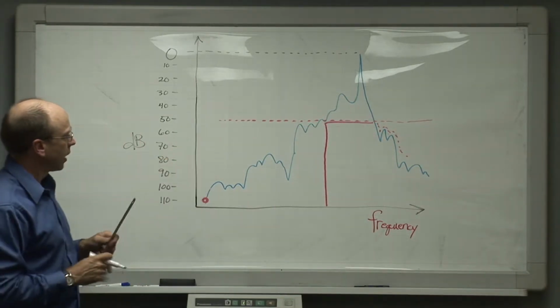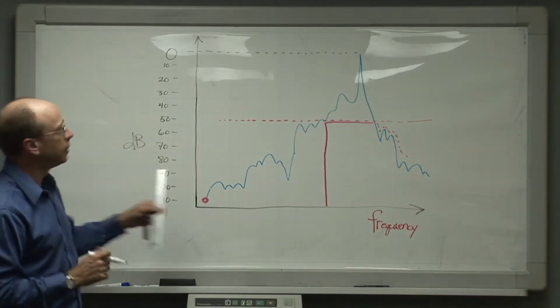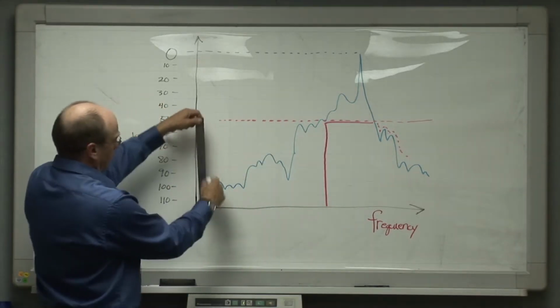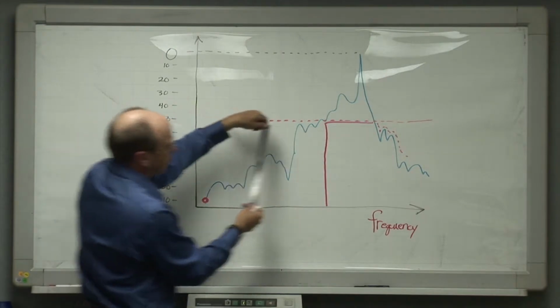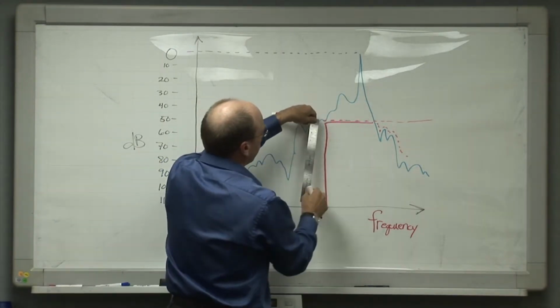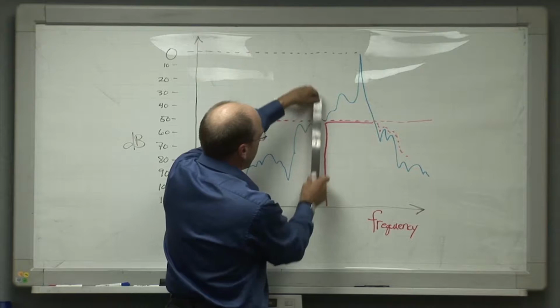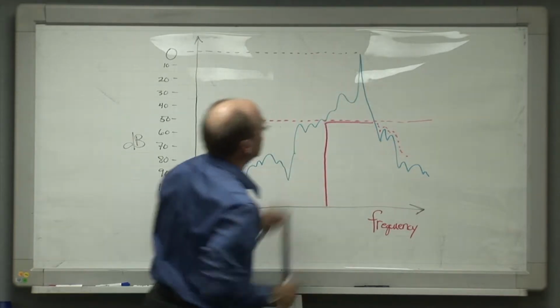So we think, well, what we'd like to do is then maybe start measuring this part of the spectrum over here where the levels are really low, and then when we get into this part of the spectrum, we would like to somehow adjust our dynamic range up.